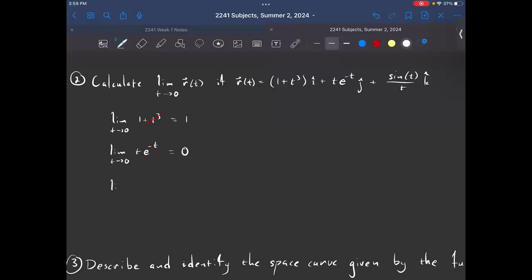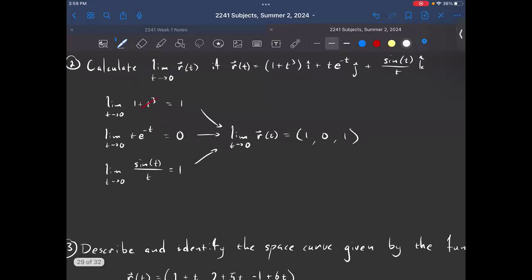And then the limit as t goes to 0 of sine of t over t. Well, we learned in freshman calculus that this is 1. So the limit of the vector function r as t goes to 0 is the vector 1, 0, 1. All right, pretty straightforward.